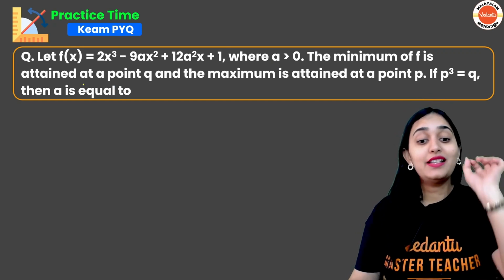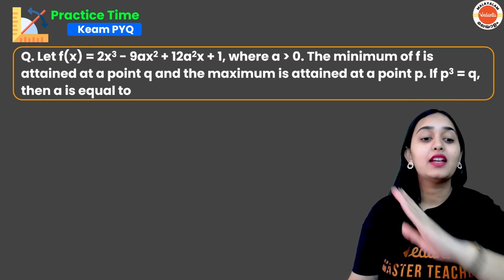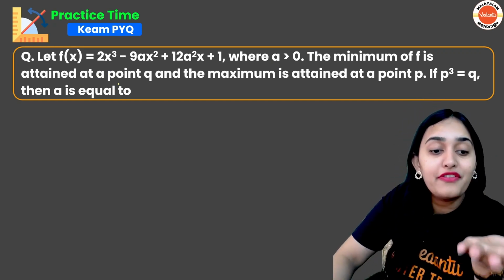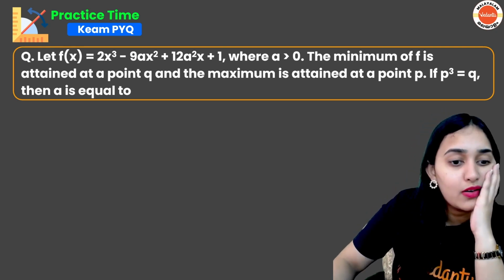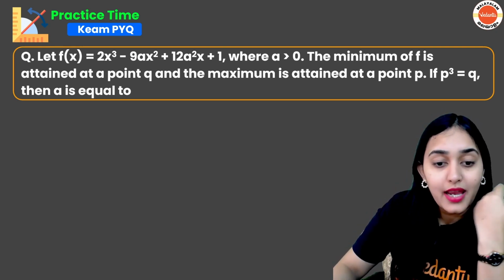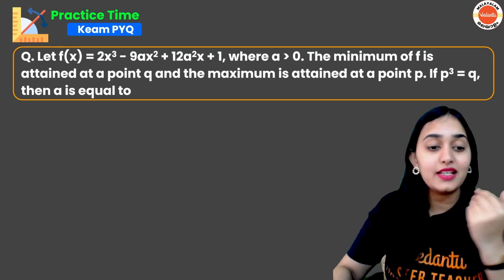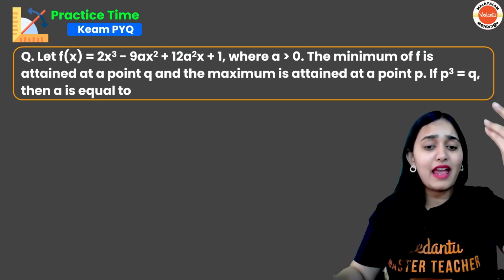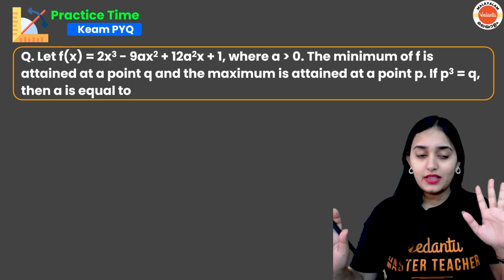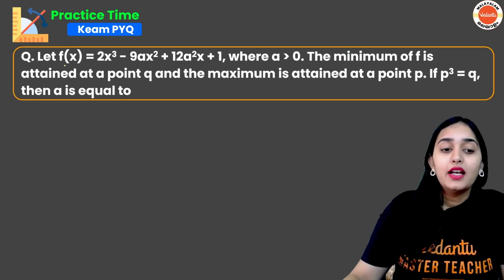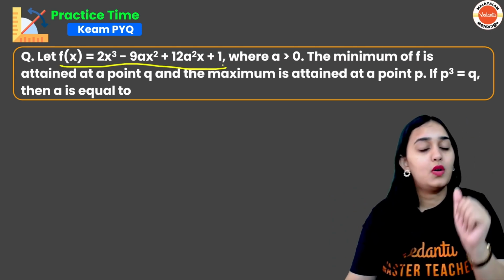Number 1. Now this is a very interesting question. Easy, but look how difficult it looks. It looks like, oh my god, what should I do? I am not able to understand anything. It is saying P, Q, A, f of x, what? Don't worry. Simply read the question. They have given you f of x.